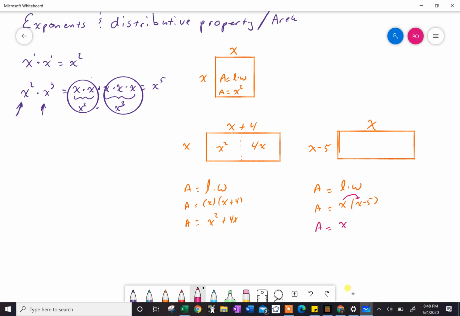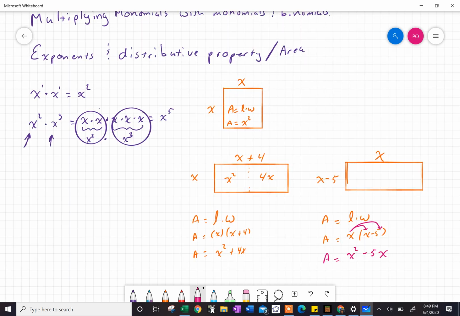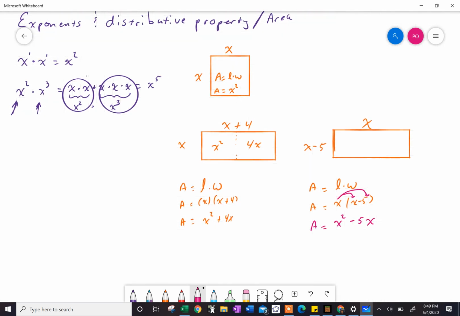X times x is x squared, x times a negative 5 is a negative 5x, and that's all it is. And so, you can see I'm just continually using the distributive property. I'm just expanding on what I already know about multiplying monomials and monomials. And that's really all there is to it.